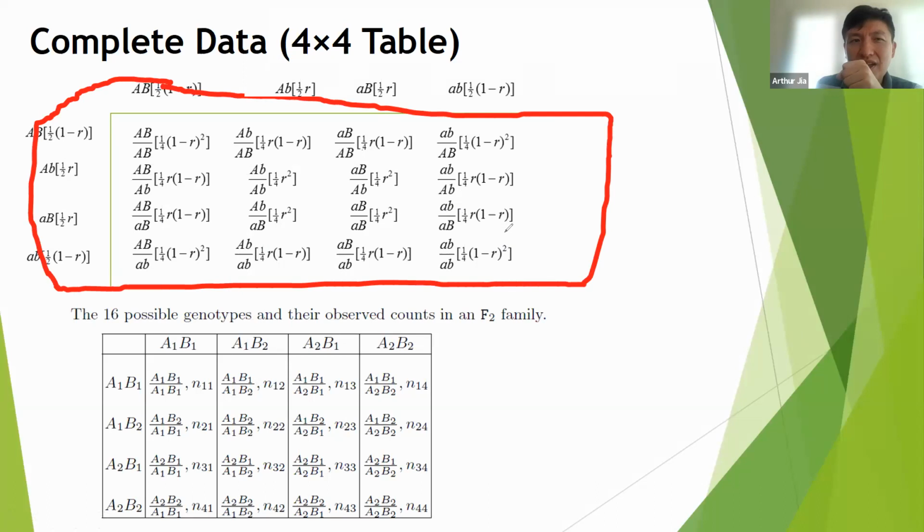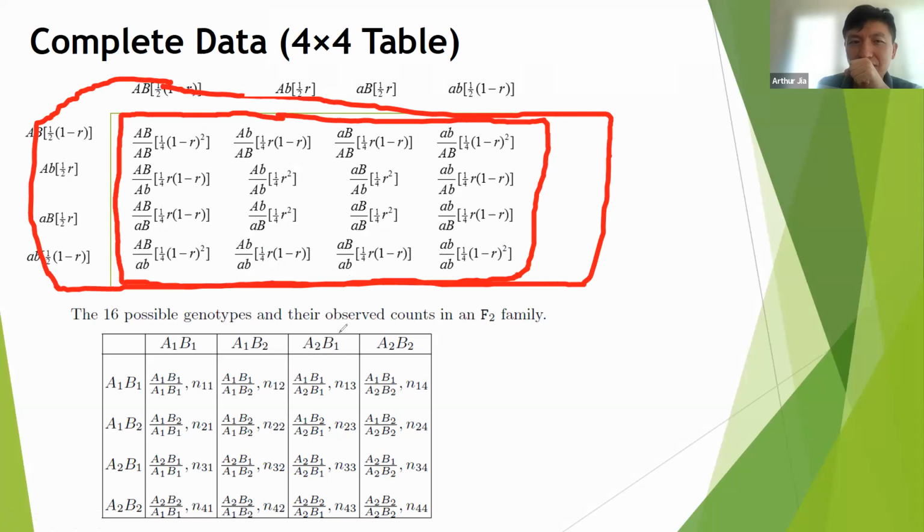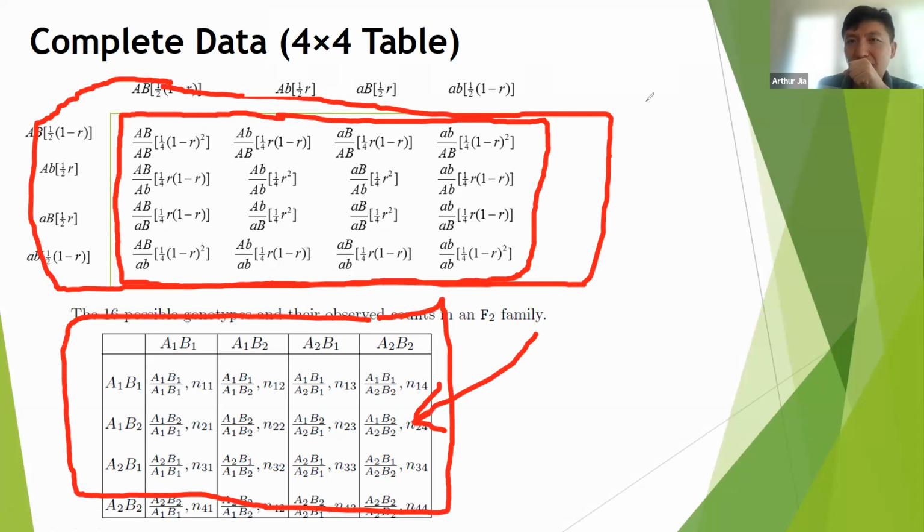Given the F2, you are supposed to see the 16 categories with a definitively defined probability for each category, right? So you need to know this. If you have data like this, it will be given to you.